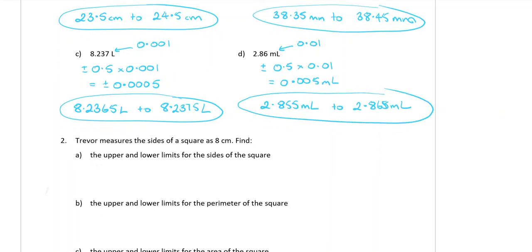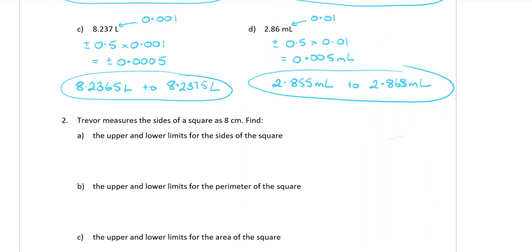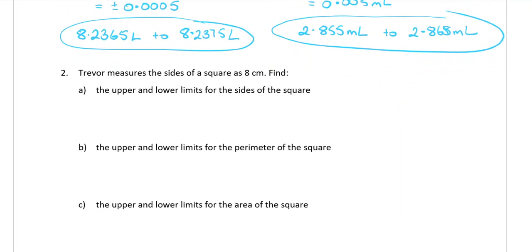Okay, question 2. Trevor measures the sides of a square to be 8 centimetres. Find the upper and lower limits for the sides of the square. Okay, so that has been measured to the nearest 1 centimetre. The limit is going to be plus or minus 0.5 times the 1, which is plus or minus 0.5.